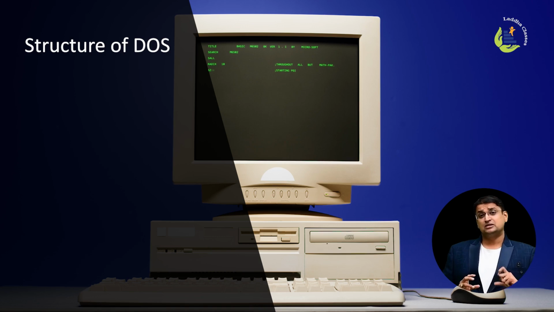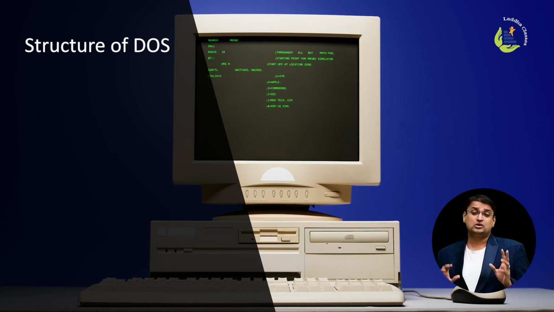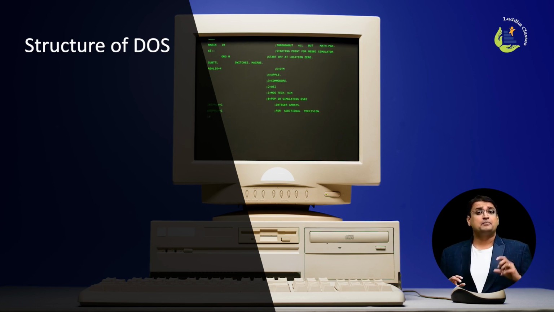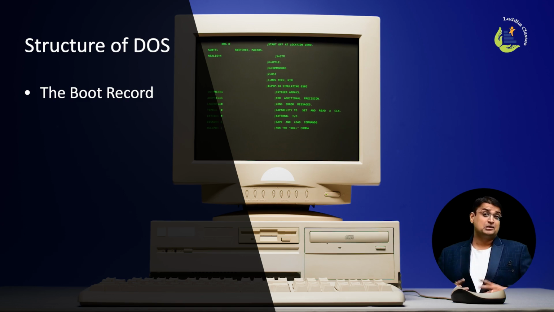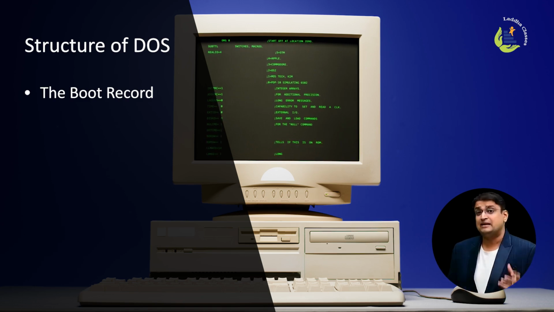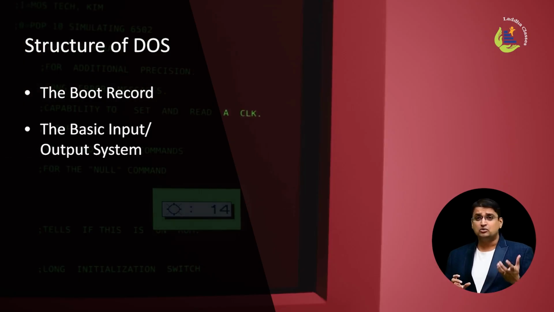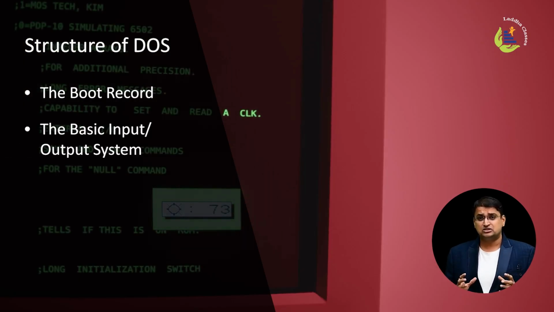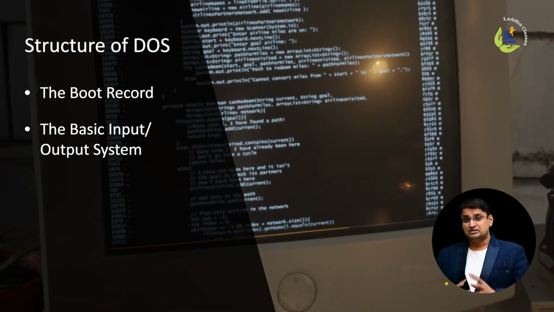Structure of DOS. There are four essential programs associated with the control of the computer and the way it interacts with them. The boot record, which includes loading the operating system into main memory. It is the main program of MS-DOS. The basic input-output system, BIOS.sys, provides an interface between the hardware and programs.